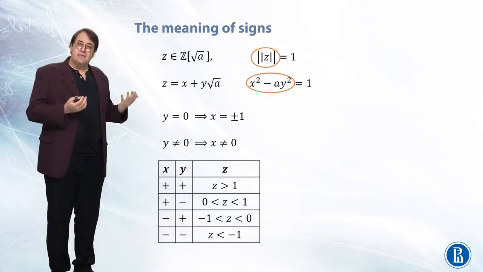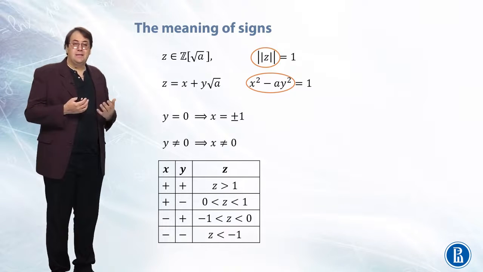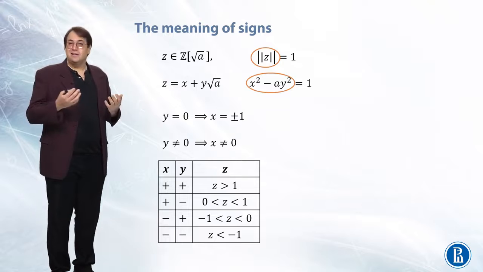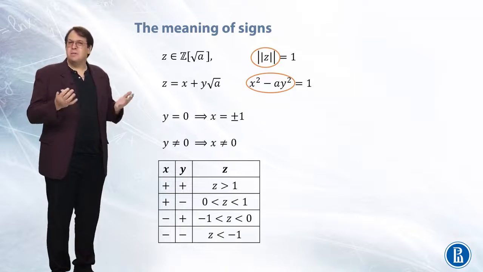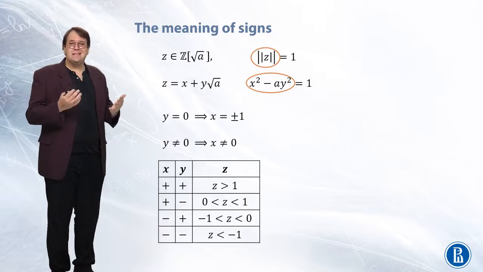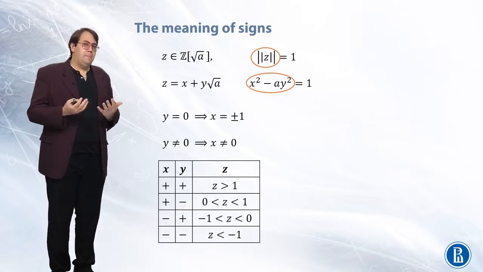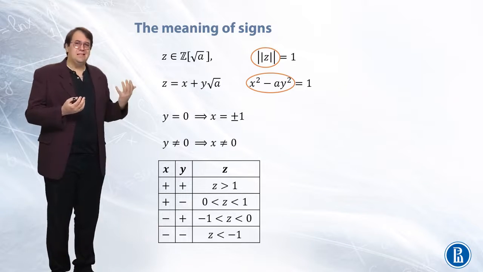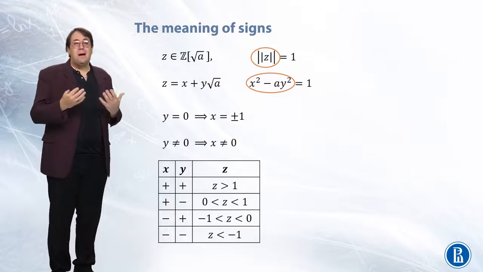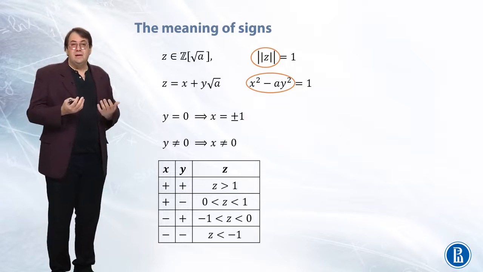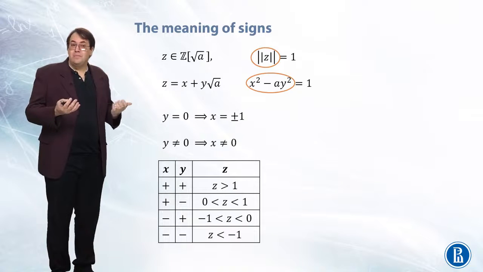But in the same table, we see that if x is positive and y is negative, then z is for some reason positive but less than 1. Well, this is not so obvious. Why, if x is positive and we subtract from x y multiplied by square root of a, why is the result positive? And why is it less than 1?